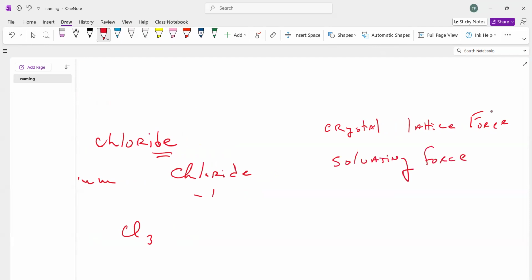Solvating force pulled it apart. Crystal lattice force kept it together. There was a battle of the forces. If solvating was stronger, it dissolved in solution. If the crystal lattice force was stronger, it didn't dissolve. Looking at salt and sand. Sand has a very strong crystal lattice. That's why it doesn't dissolve in water, whereas with salt, the solvating force is stronger than the crystal lattice force, and hence it dissolves. Okay, so when we're doing these ionic compounds, these two forces are going to come into play.